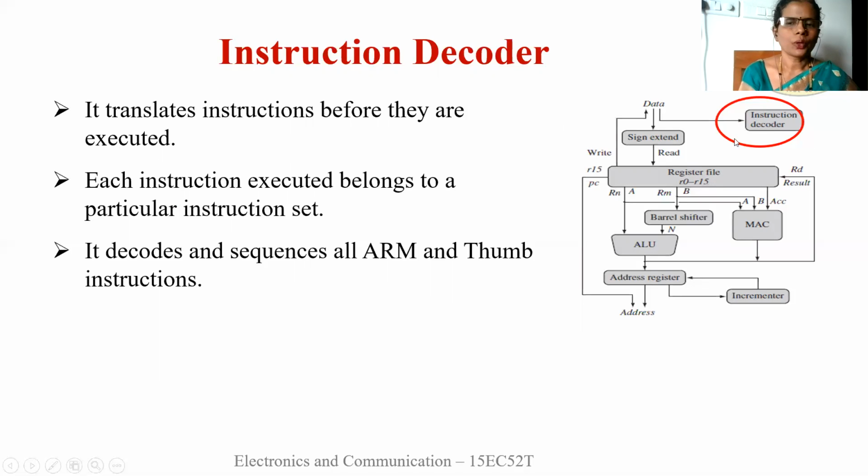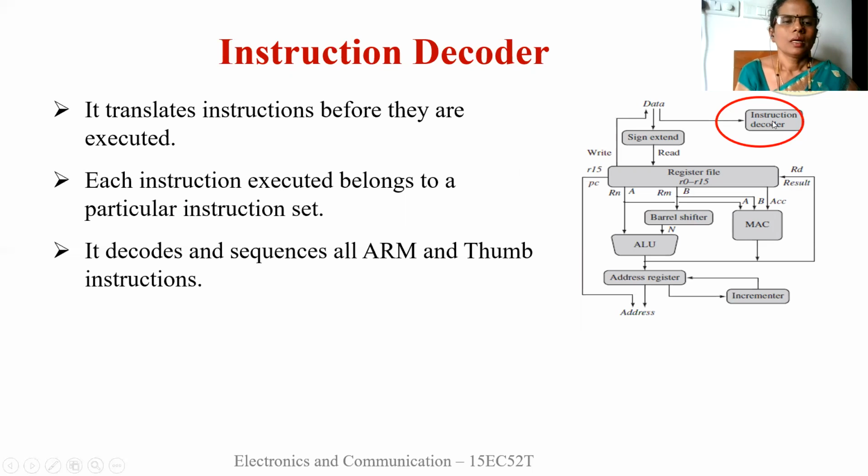We write the program using assembly language or C language. Before execution, the instruction must be translated from assembly language into machine language. So the instruction decoder converts the instruction from assembly language to machine code. That is done by the instruction decoder. Very important block.